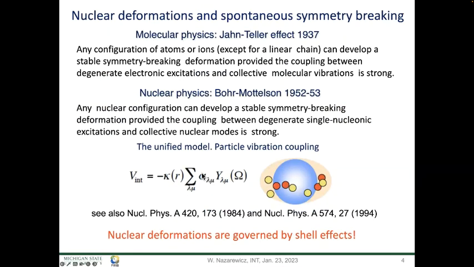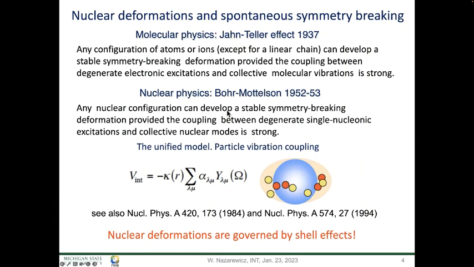Okay, so as I said, in molecular physics, deformations are results of the Jahn-Teller effect, okay? You have degenerate electronic excitations and collective vibrations of the molecule, and those are maximally coupled in certain cases, and the system develops a stable deformation.